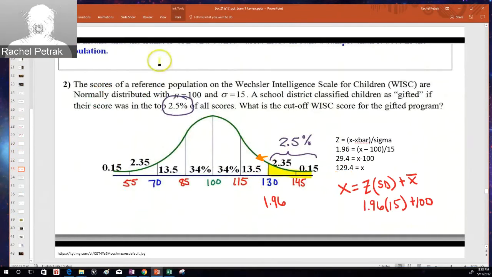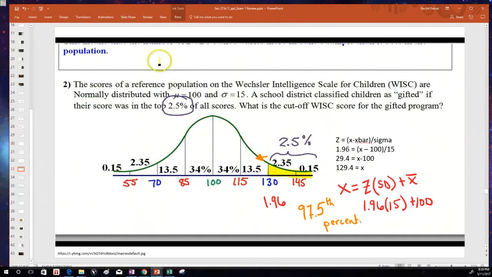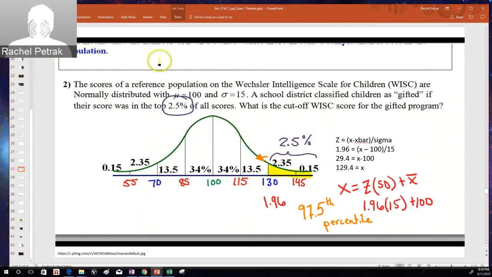That's the score that represents the 97, actually it's the 97.5 percentile. Students often get confused when doing percentiles, so it's important to remember it's all the scores below a point.